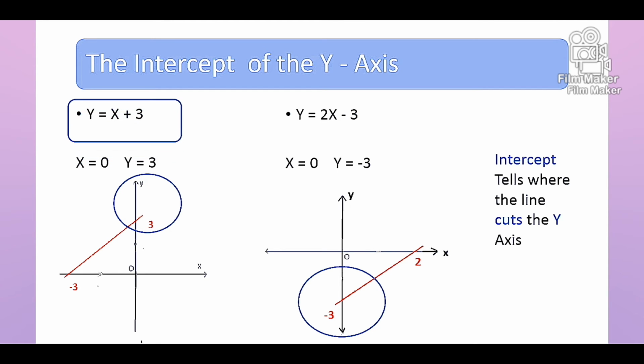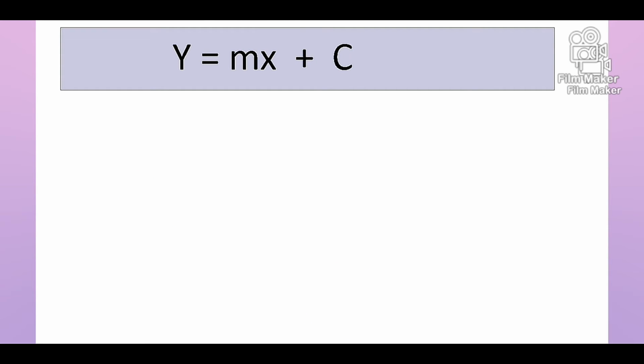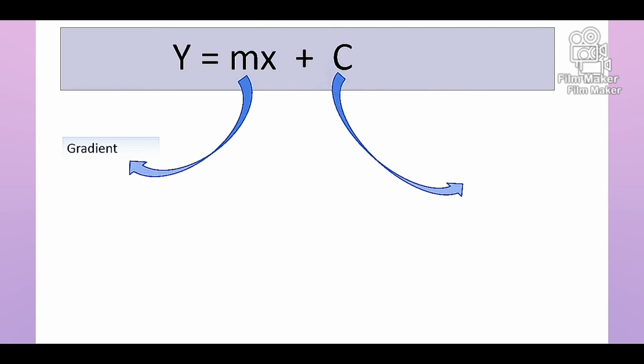So you can see that from the equation itself, you can find the intercept. So that's why we have the standard equation, y equals mx plus c. With this m, you can say it is the gradient, and with this c, you can say it is the intercept. So you can find intercept and gradient anywhere you see an equation like this.